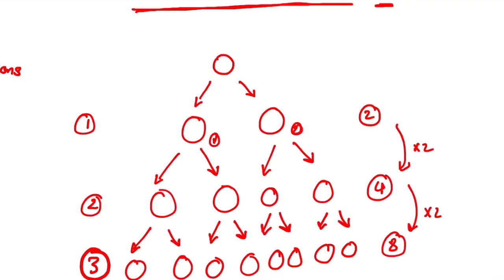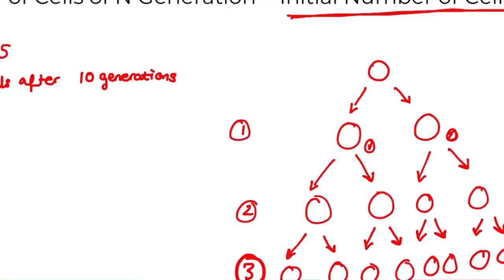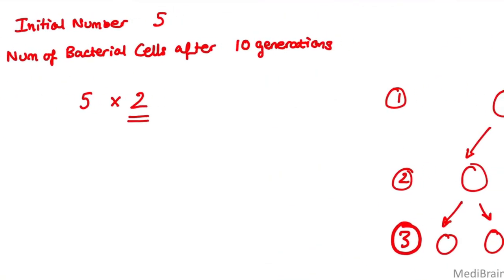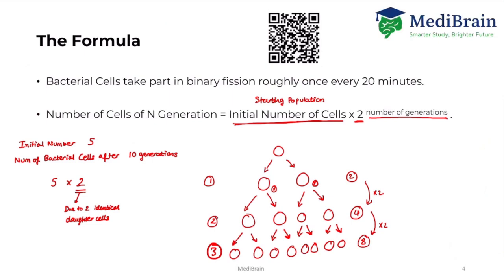If that number was 4, then the base number would also be 4. But because this is dividing into 2 cells, that's why the base number is 2. And then 2 to the power of the number of generations.